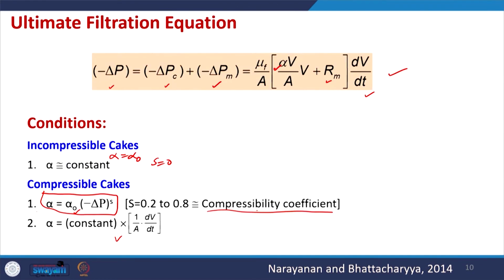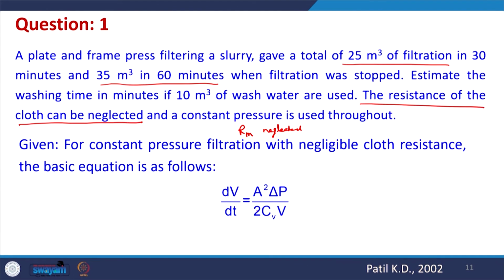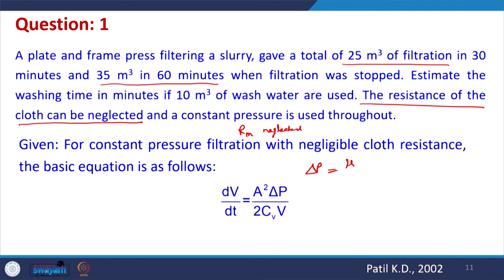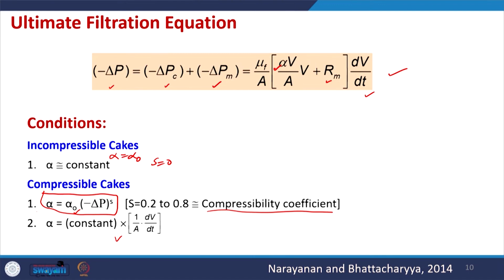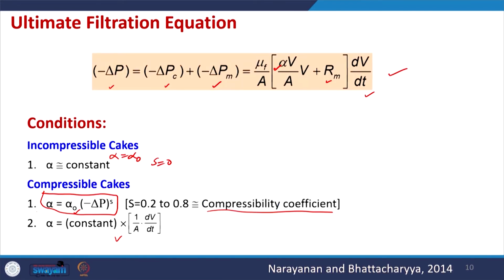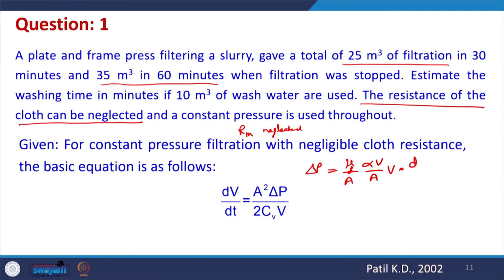If we remember the previous equation, we can write delta p is equal to nu f by A, times alpha V by A, times dV by dt.